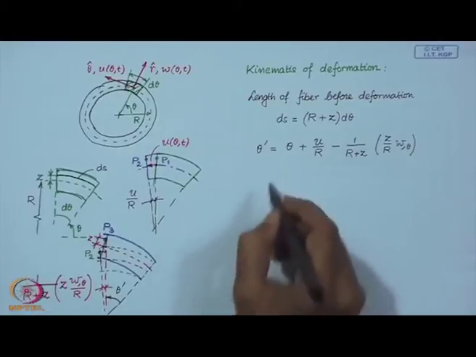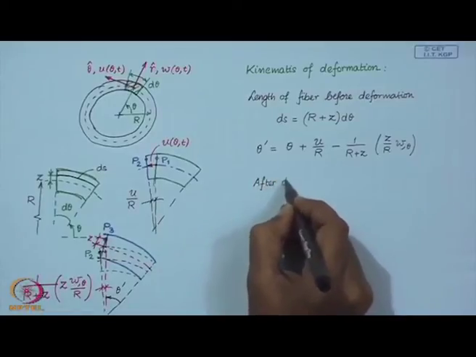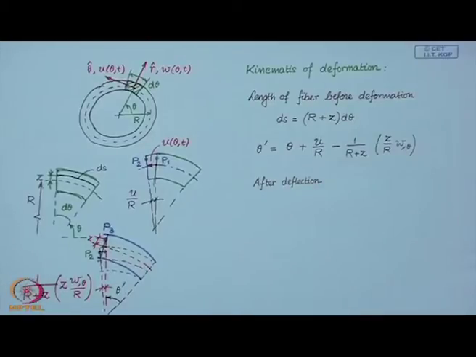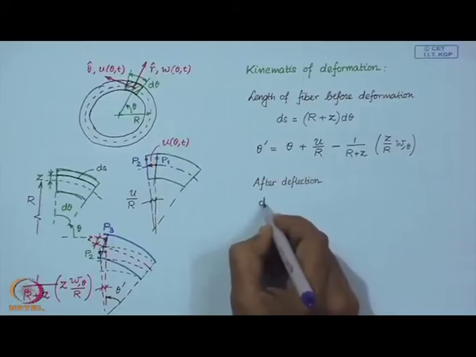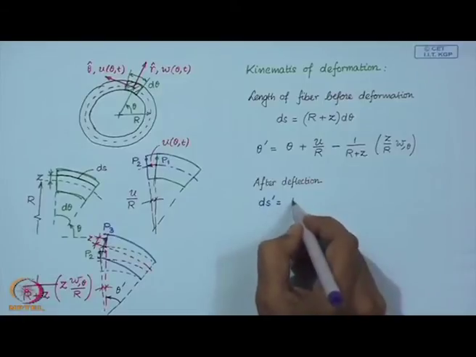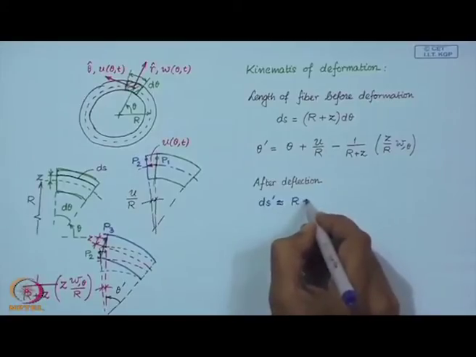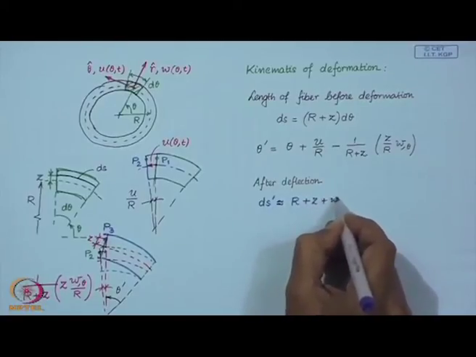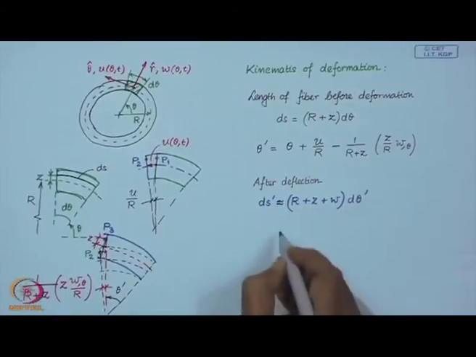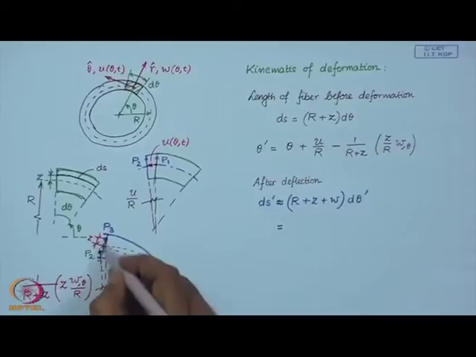So, therefore, after deflection, if we call it ds prime, then that is approximately r plus z plus w, where w is the transverse or the radial deflection.